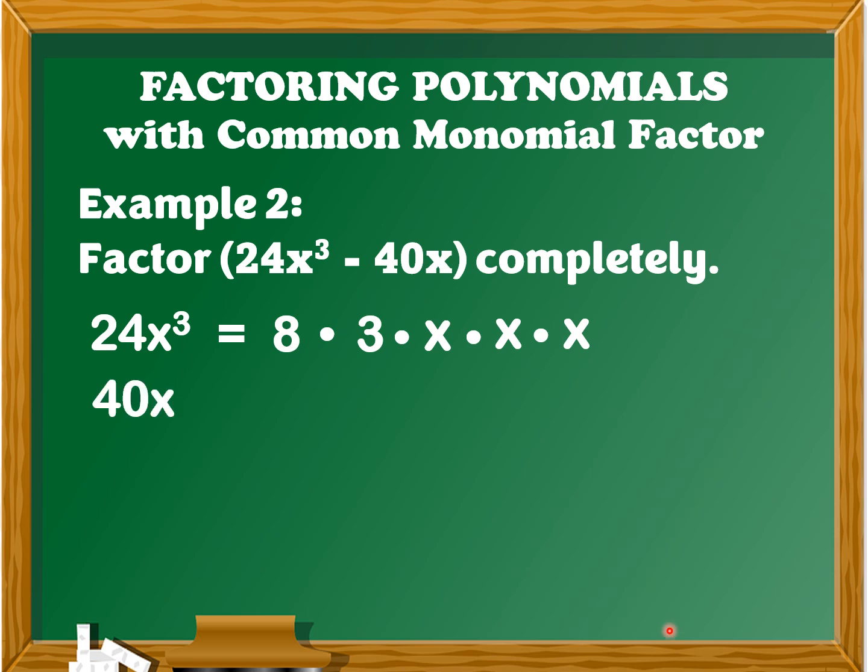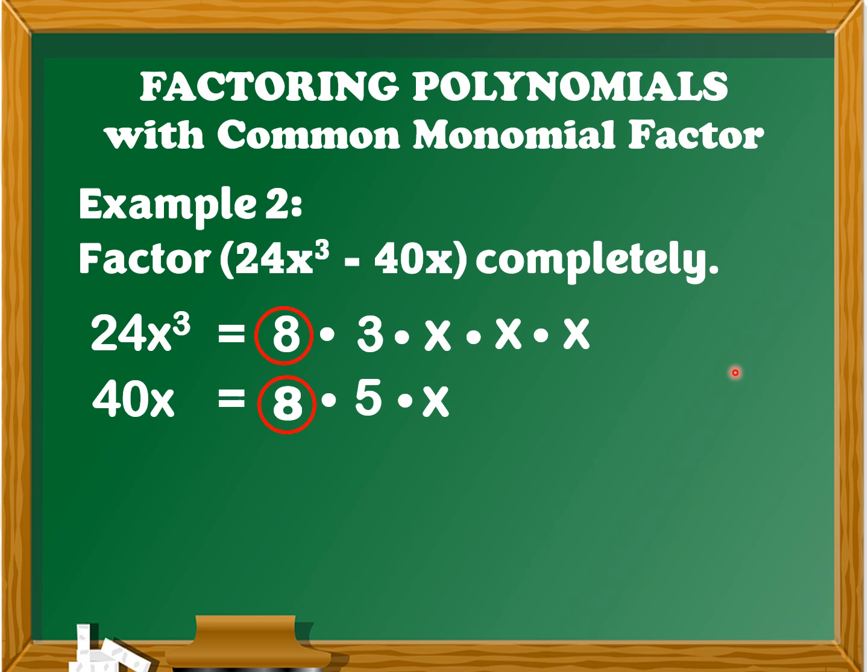Next, for the factors of 40x, we have 8 times 5. These are the factors of 40. And we will multiply it by x to get 40x. After finding the factors of 24x cubed and 40x, we're going to look for the common factors.